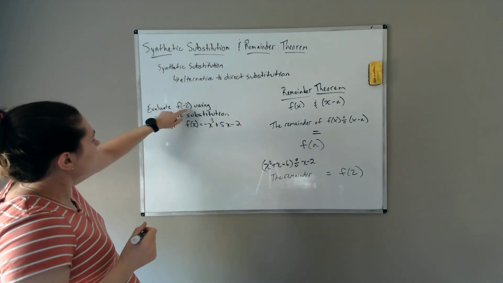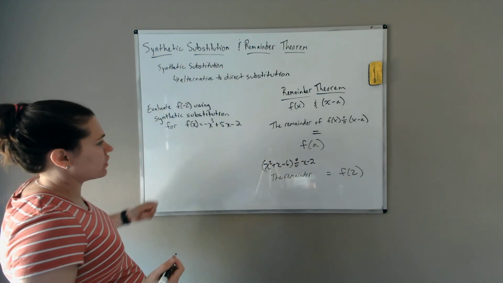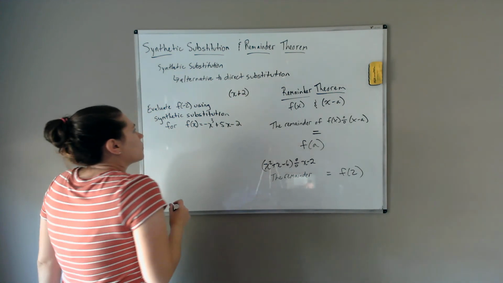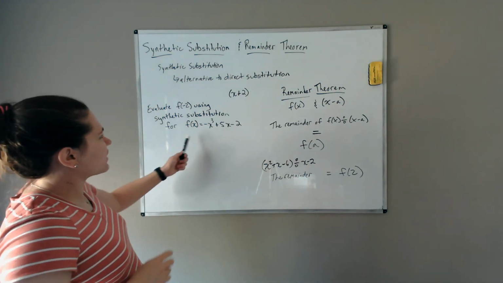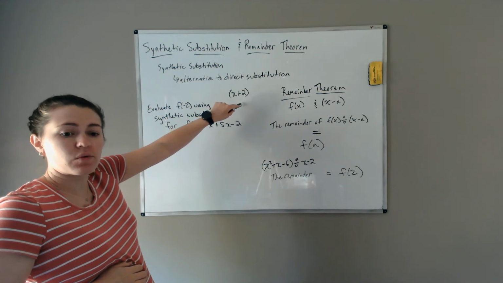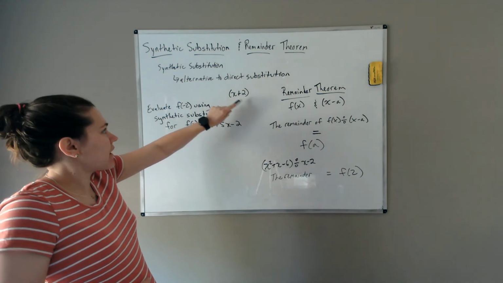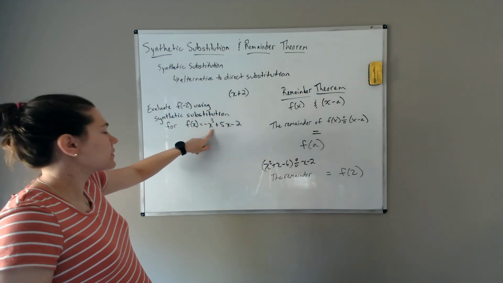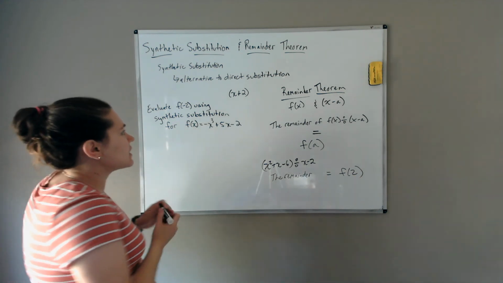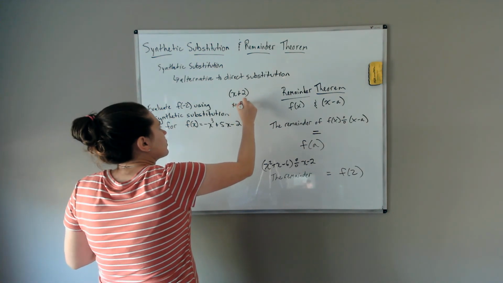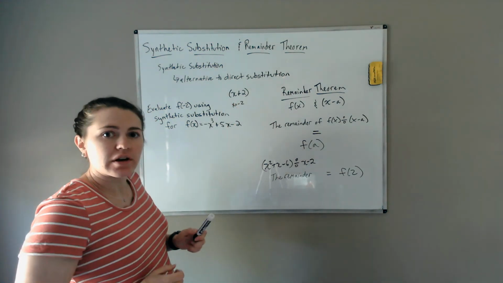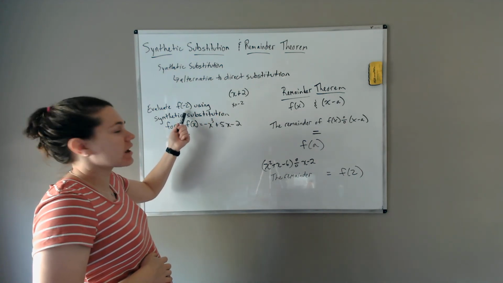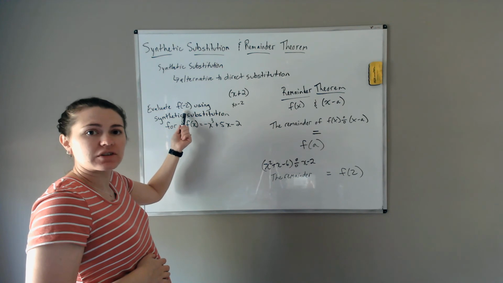Saying we want to evaluate when x is negative 2 would be the same as saying, if we divided f of x by x plus 2, what would our remainder be? Because if x plus 2 is a factor of this expression, then that means that when x is negative 2, I would have an output of 0. So whatever the remainder is here, that's what I would get when I evaluate at negative 2. I would get the same output.